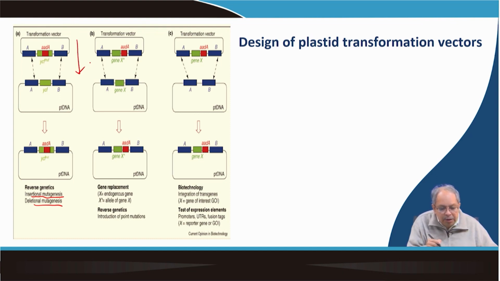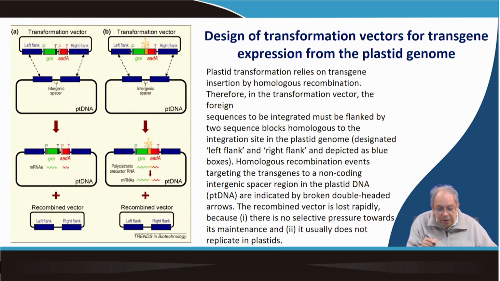The other is that if you want to put a gene of interest in the plastid, a new gene, by replacing the existing gene, that is also possible. Or a point mutation can be introduced, or simply you put a gene which is not there in the plastid. That can also be integrated, so that the plastid DNA will receive this.